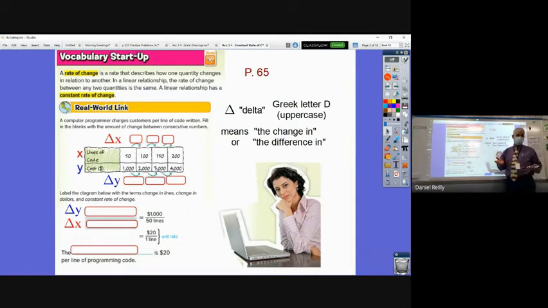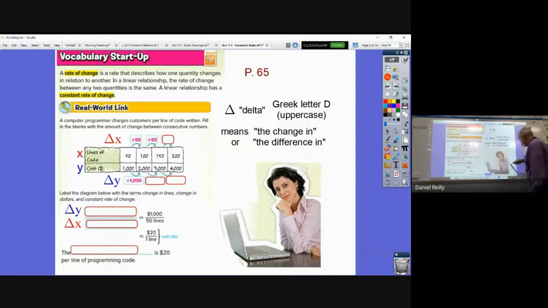Sometimes it's obvious what's the input and what's the output, because here you're picking a number of lines of code and how much this person makes in money, that's the one you would calculate. So the lines of code is the input, the money is the output. And what you're looking for is the change in both of these things. Delta x is the change in x value, so it goes up by 50. And the related change in the y value, when x goes up by 50, the y value goes up by 1,000.